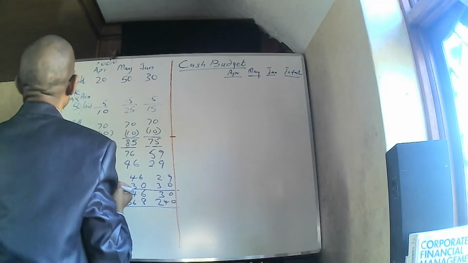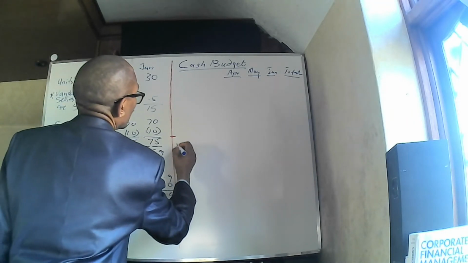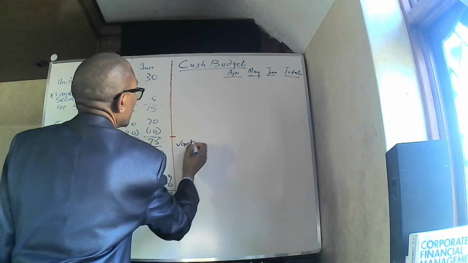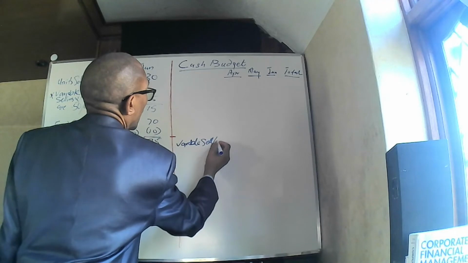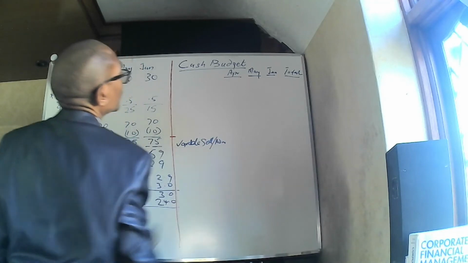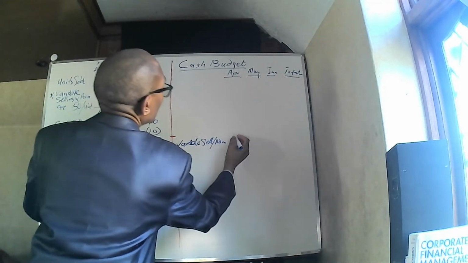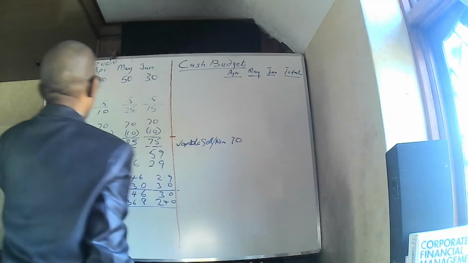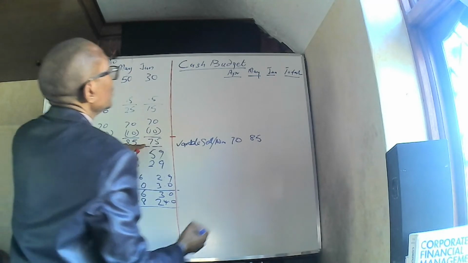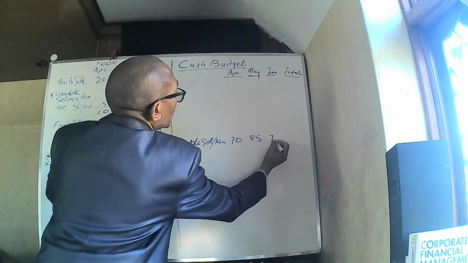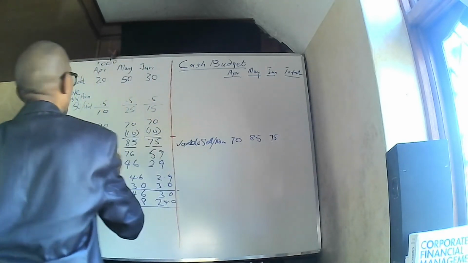So payments, variable, selling, admin, for short, 70 in April, 85 in May, and then 75 in June. So I've done this.